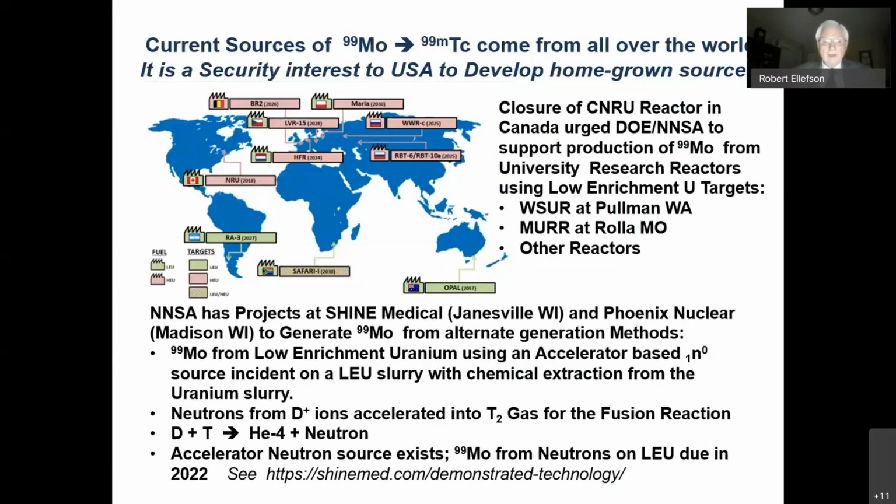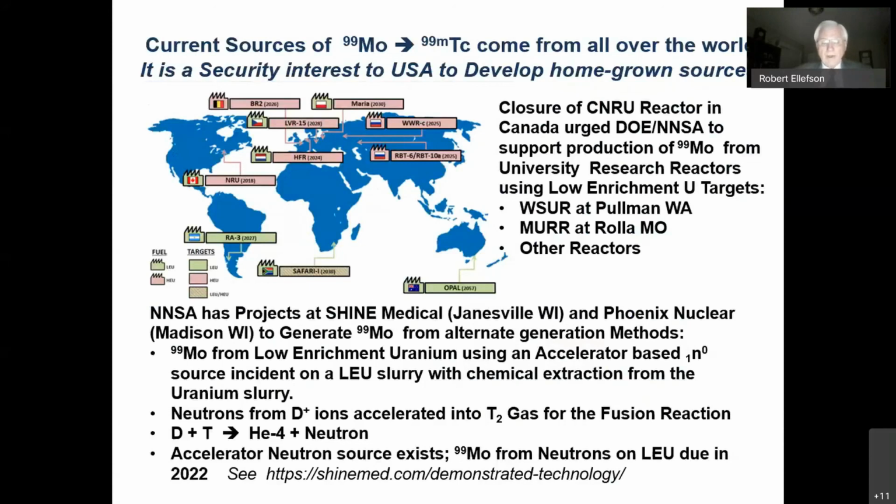Again, it involves low enrichment uranium, but you use an accelerator-based neutron source incident on a low enrichment slurry, where the chemical extraction can be done with the slurry in a different area. And so you can make an actual constant flow process for this to be generating Moly-99.